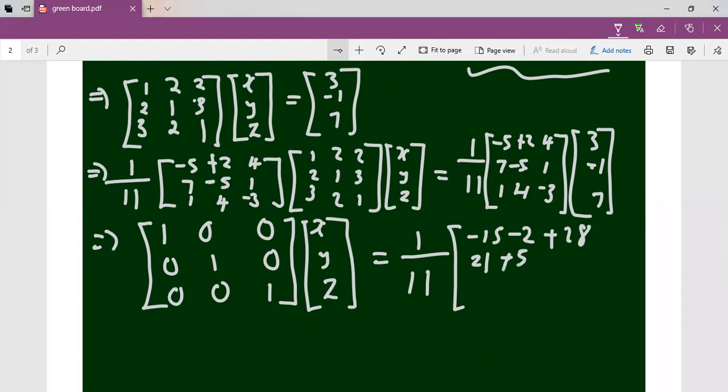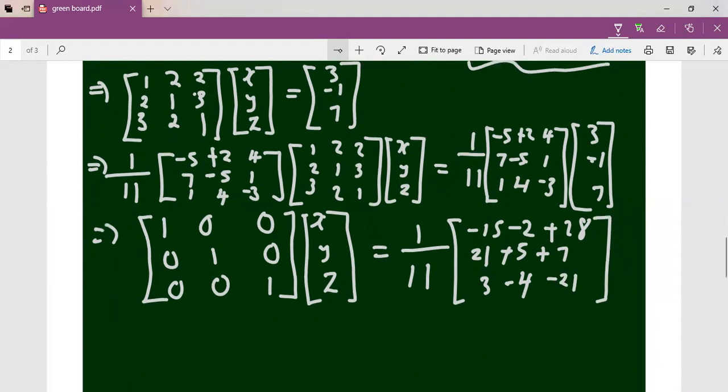Then 1 by 7, we get +7. Then 1 by 3, we get 3. Then 4 by -1, we get -4. Minus 21 is what we have.